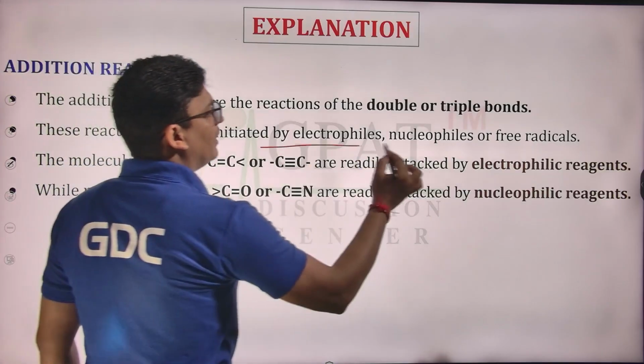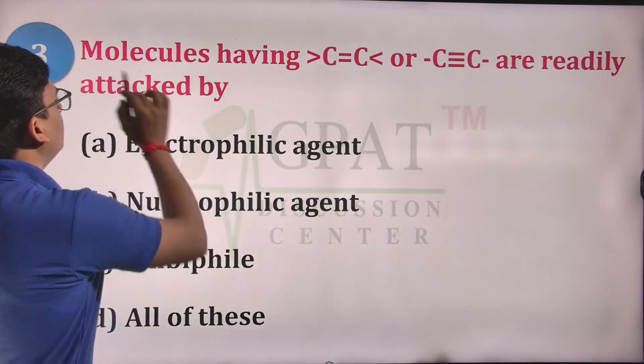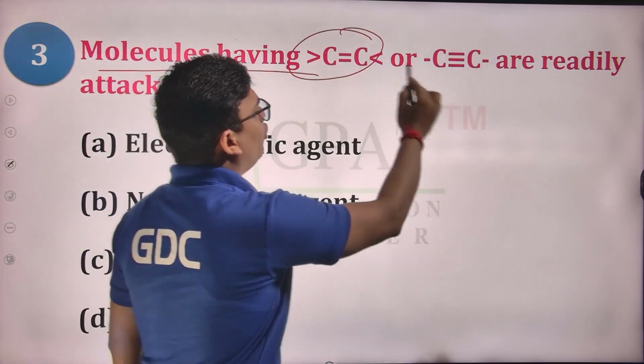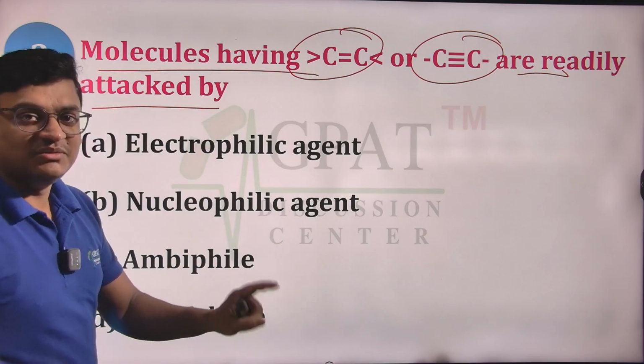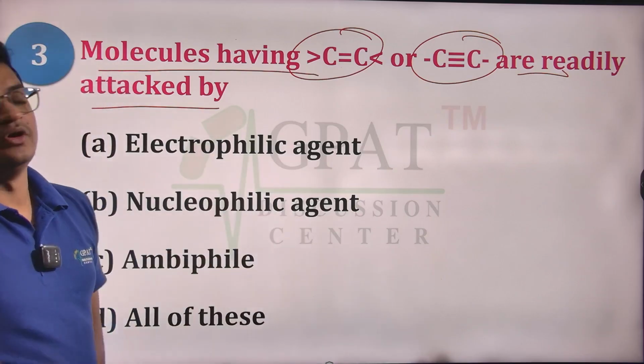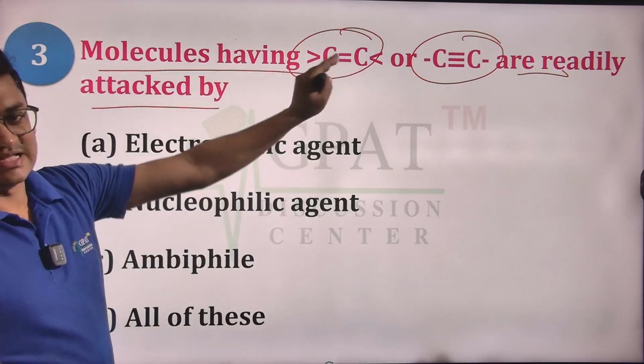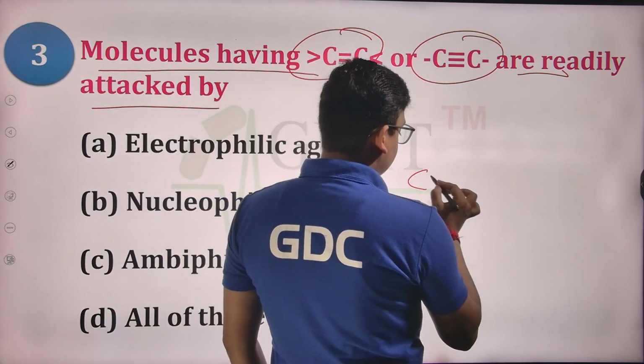It can be an electrophile, nucleophile or free radical. Molecules having a carbon-carbon double bond or carbon-carbon triple bond are readily attacked by an electrophile. We know very well that this has a high electron density center.